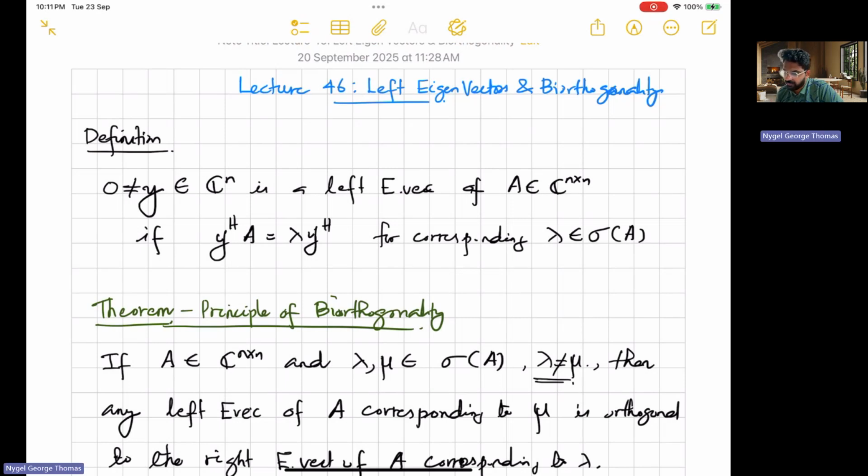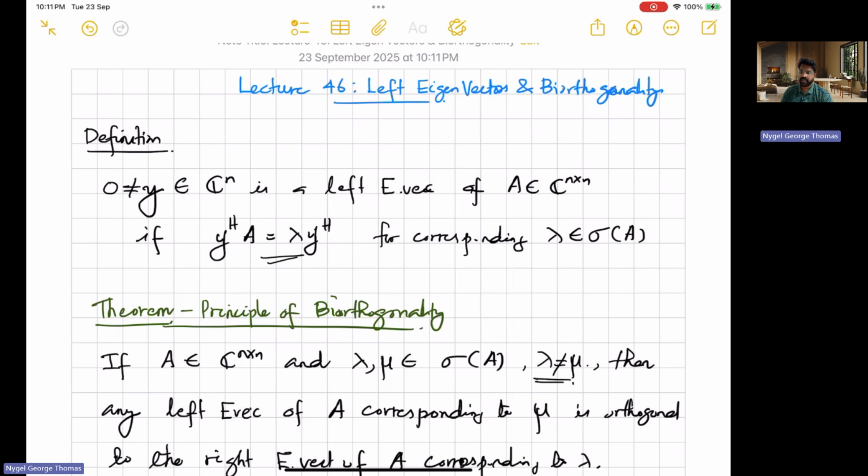For example, if y is not equal to 0, similar to the condition which we had for eigenvalues, and y belongs to Cn. Note that eigenvalues only exist for square matrices. Lambda is a left eigenvalue of A in Cn cross n if y Hermitian A is equal to lambda times y Hermitian.